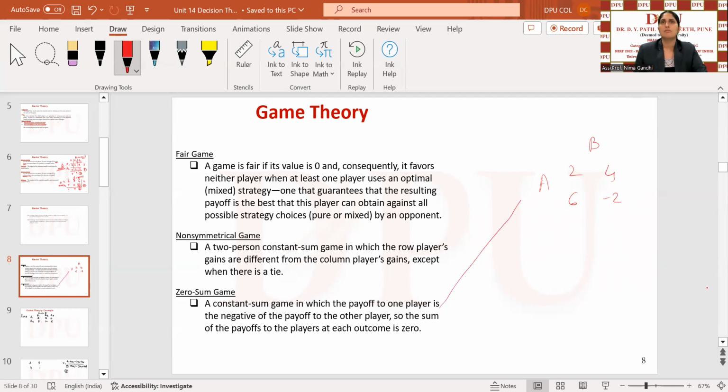This is not the case in a non-symmetrical game. Let's say by choosing strategy A1, A makes a profit of 2, at that time B might make a loss of 1, or B might earn more profit than A. So anything can be possible. Whatever the profit for A will not be the same as the loss for B, so we say that such games are non-symmetrical games.